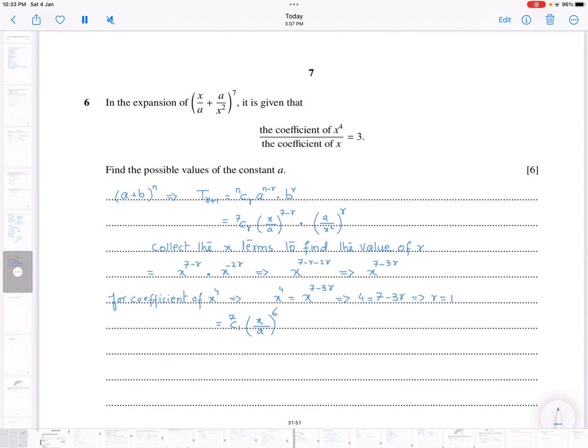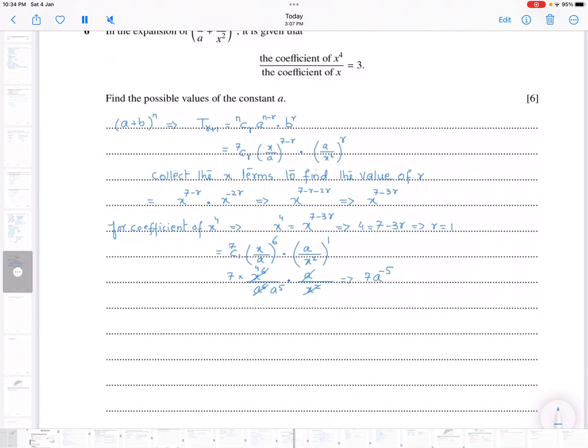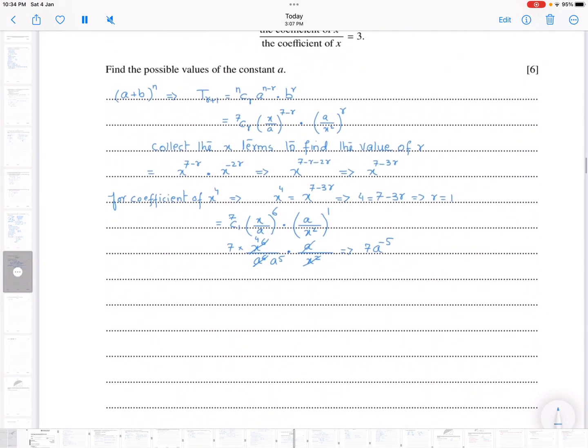In r I'm going to write 1. So 7C1 is 7, x power 6, a power minus 6 times. Now I'm going to simplify all this, so I get 7a power minus 5.